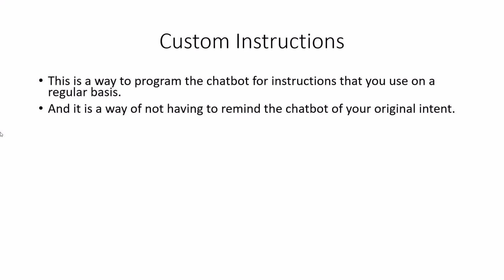It's a way of not having to remind the chatbot of what your intent is. So if your intent is to get the chatbot to do something specific and you're continuously reminding it, you want to put those things in custom instructions to make it easy for the chatbot to understand what you're trying to do.